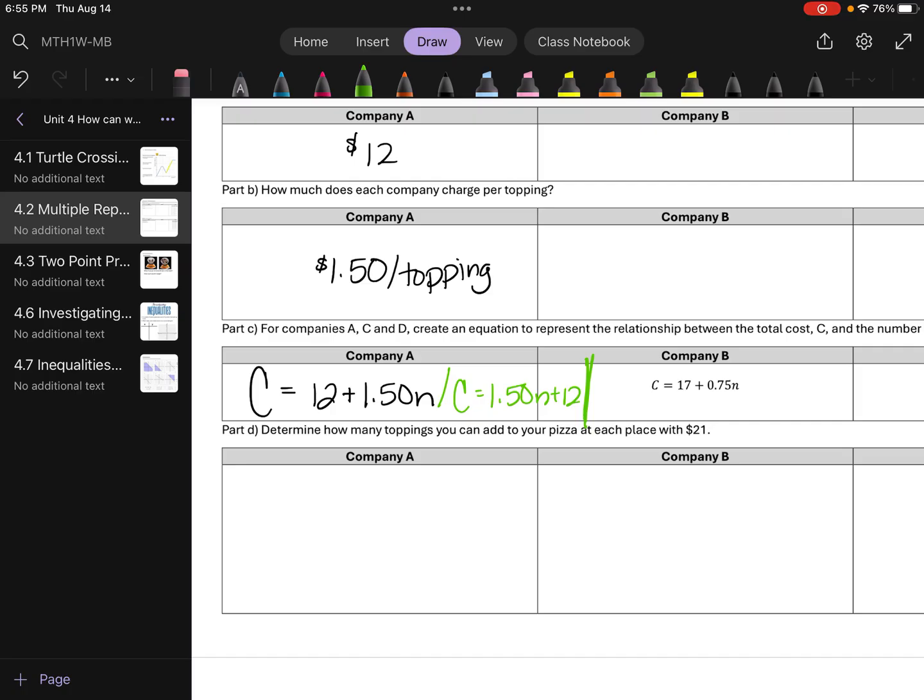So if I start with my equation, my C equals 12 plus 1.50 N. This means that this 21 has to go into the equation somewhere. So when I ask myself, where might I put that number? I ask myself, is that number a cost or is it a number of toppings? So in this case, that $21 represents a cost. So I'm going to write 21 is equal to 12 plus 1.50 N.